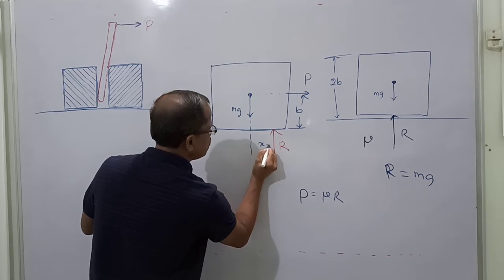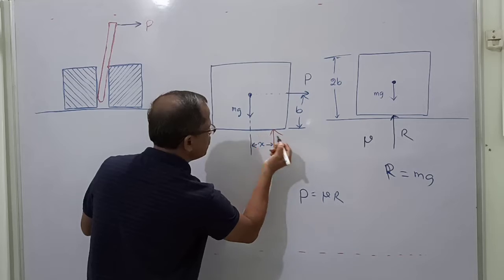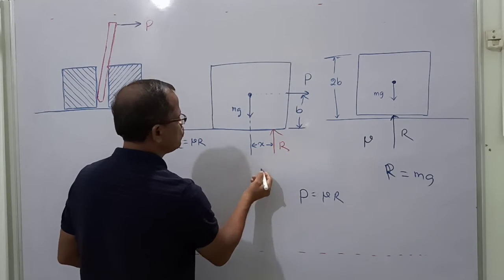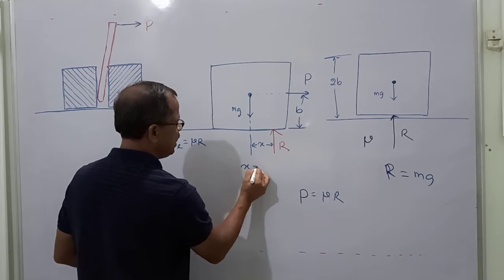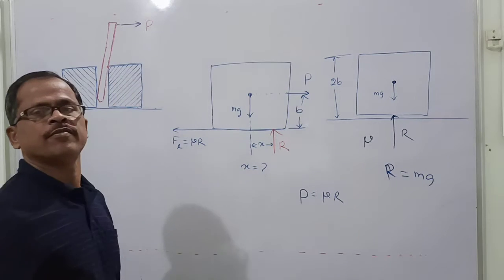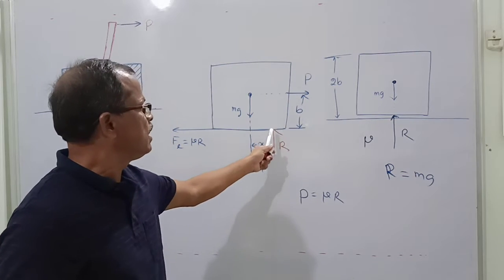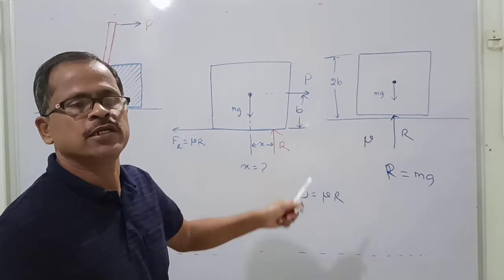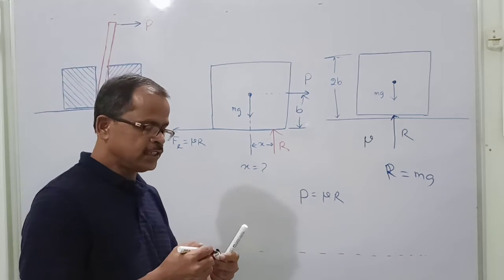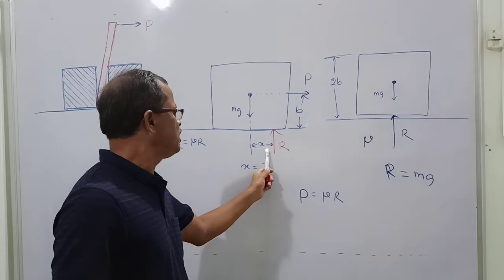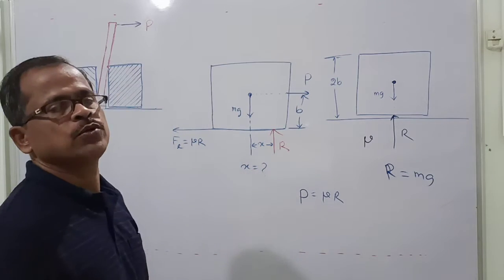So this reaction has shifted to the right by x. The question is, what is the value of x? The point where the reaction acts is called the seat of reaction. The reaction is shifted to this point by distance x, and x is required to be found out.